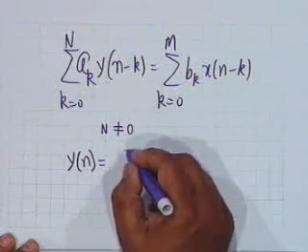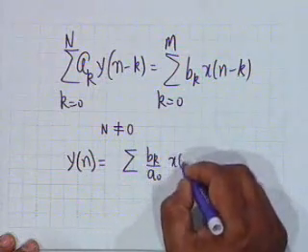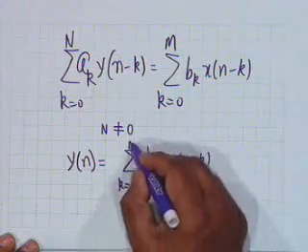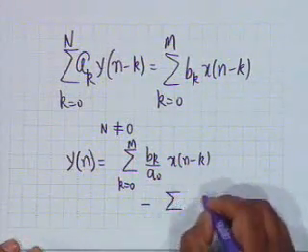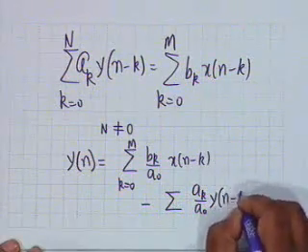You can write it, by very simple manipulation, as y of n equals summation bk by a0 x of n minus k, k equals 0 to capital M, minus summation ak by a0 y of n minus k.